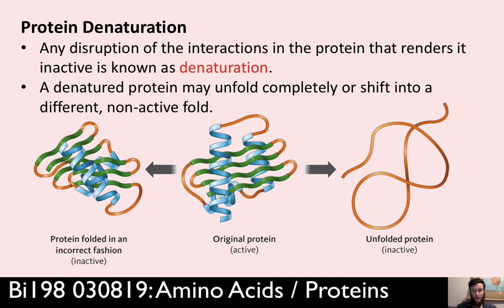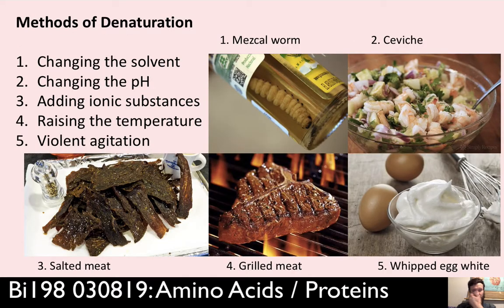You can completely unfold the protein so that it's like some giant piece of spaghetti on the right, or it can slightly alter the tertiary structure so that it gets incorrectly folded. The protein is still there with secondary structural elements, but it doesn't have the right 3D topology. So there are different ways a protein can be denatured.